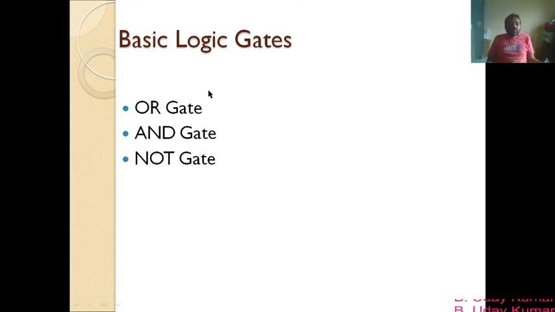So what are basic logic gates? In general, logic gates are divided into different types. The first one is basic logic gates, and the next one is derived logic gates. In today's video we are mainly concentrating on basic logic gates. The basic logic gates are of 3 types: OR gate, AND gate, and NOT gate.